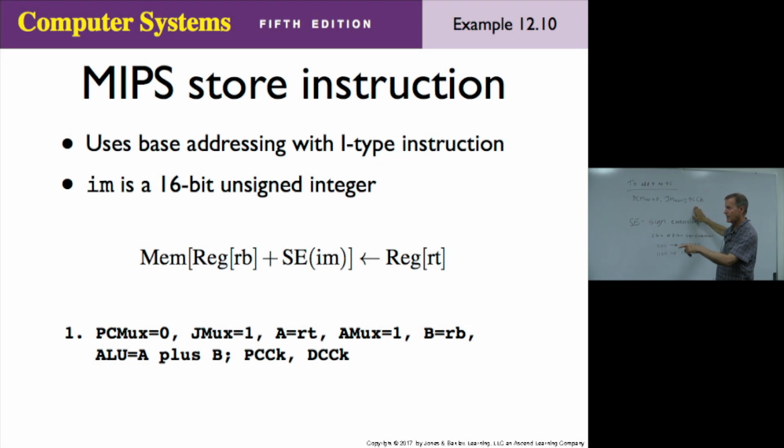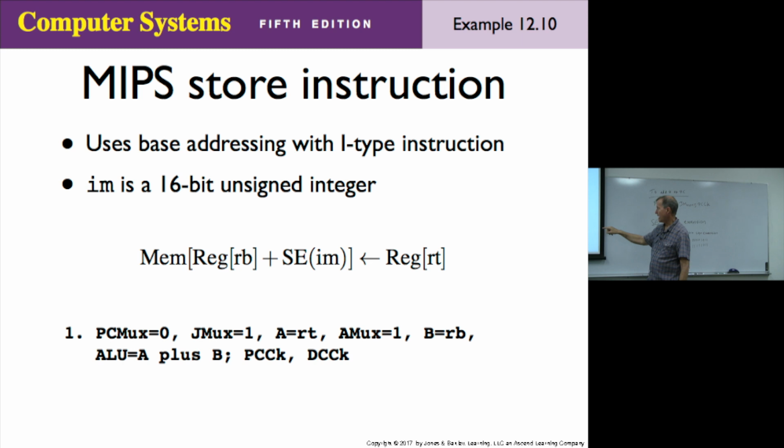Together with A equals RT, AMux equals 1, so let's go back and look at that. A is the register in the RT field, and then AMux is 1, B is the base register, ALU gets the function A plus B, and then PCCK and DCCK.